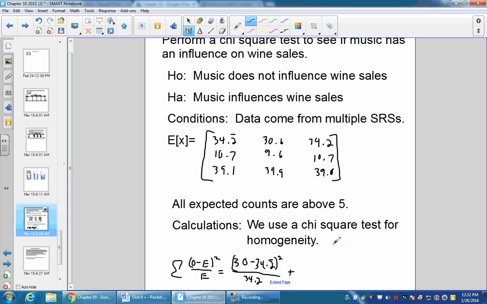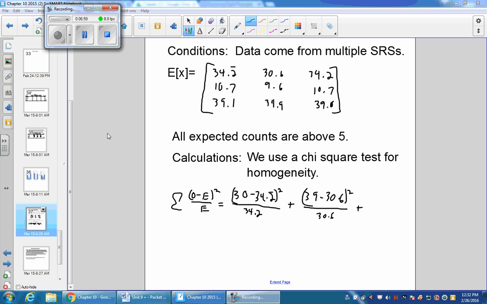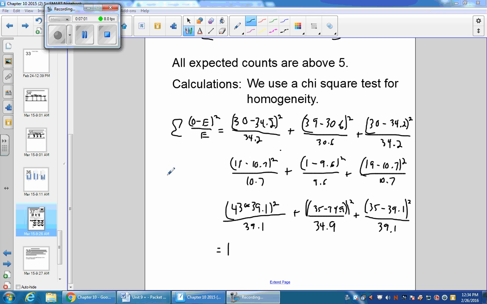So we have 39 minus 30.6 squared over 30.6, plus, and hopefully you get the point. So I'm just going to pause it. If you write this out and add them up, you get 18.28 for my chi-squared statistic.